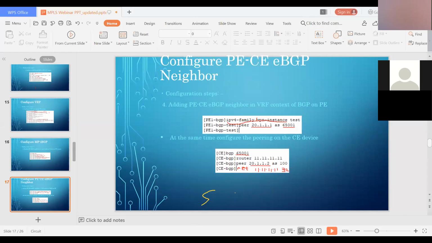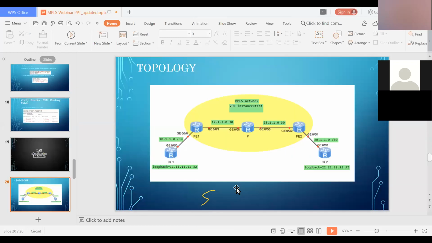Okay, until it starts, you can see here is our laptop. Here is an MPLS or provider edge network, and here are the customer edge devices, which are found on two different autonomous systems.